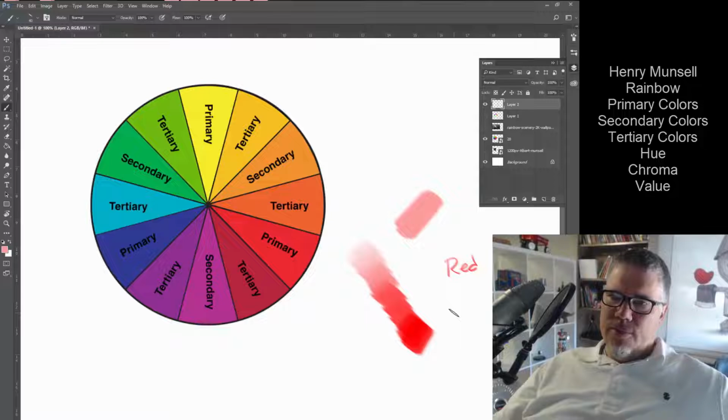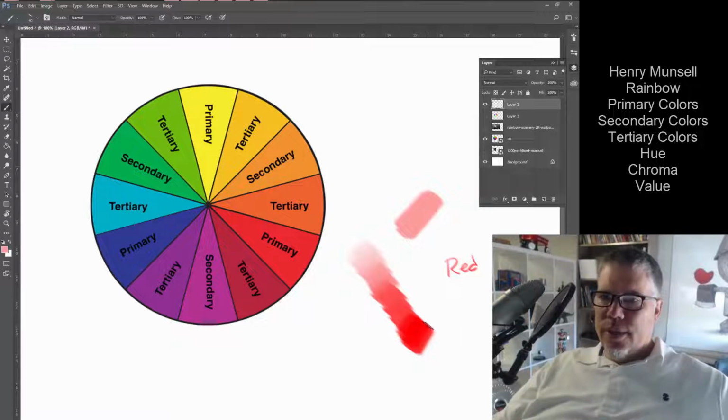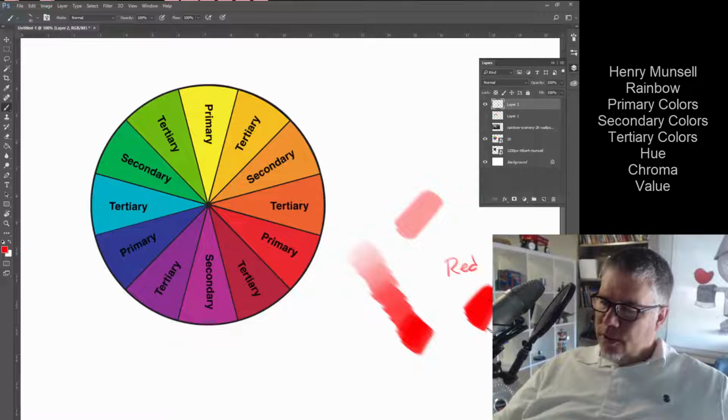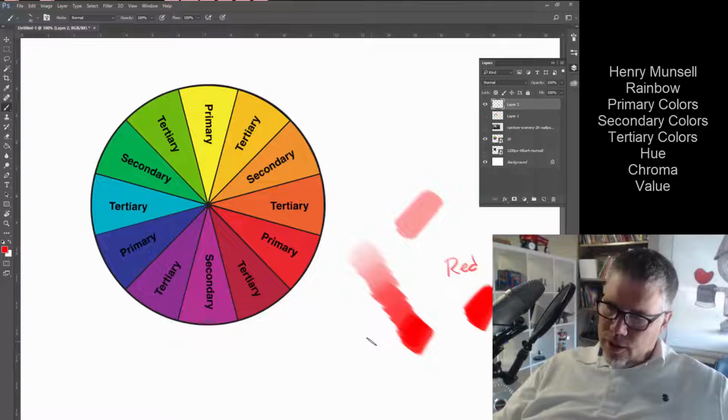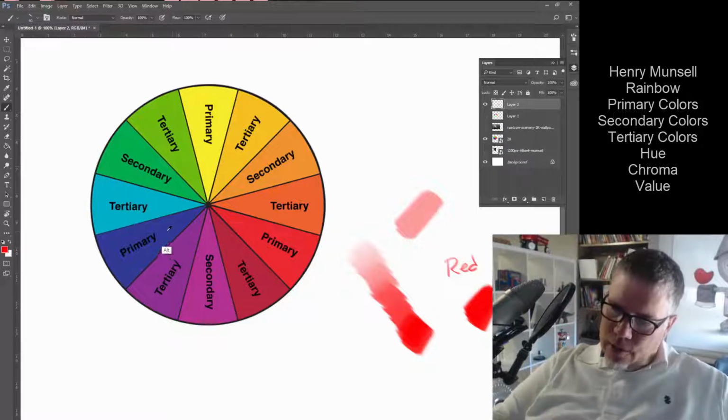And so we would say that this has a low saturation or a low chroma. On the other hand, if I take this pure color right here in its full intensity, we would say that's very saturated, or the chroma is very high. It's very pure.